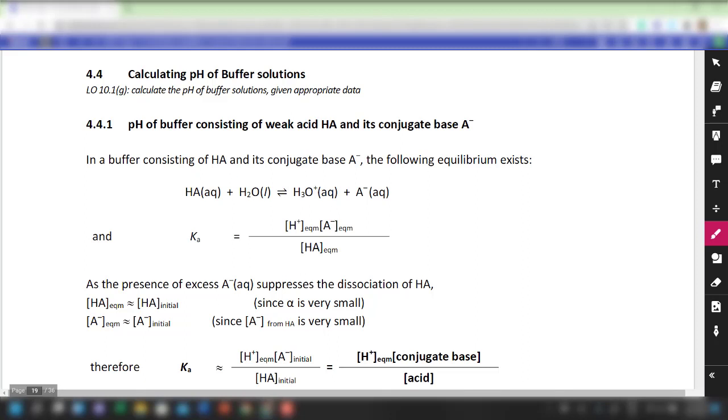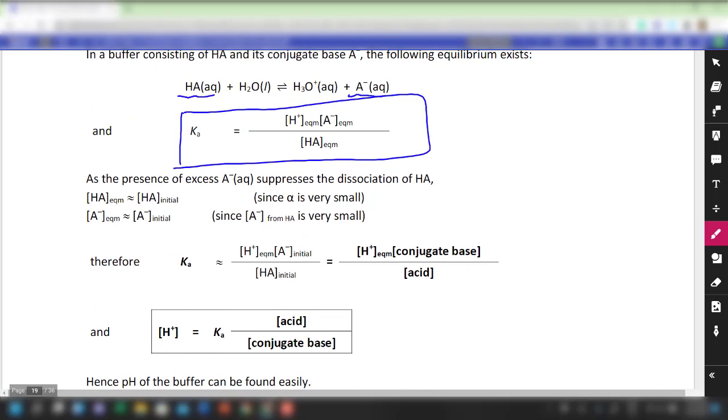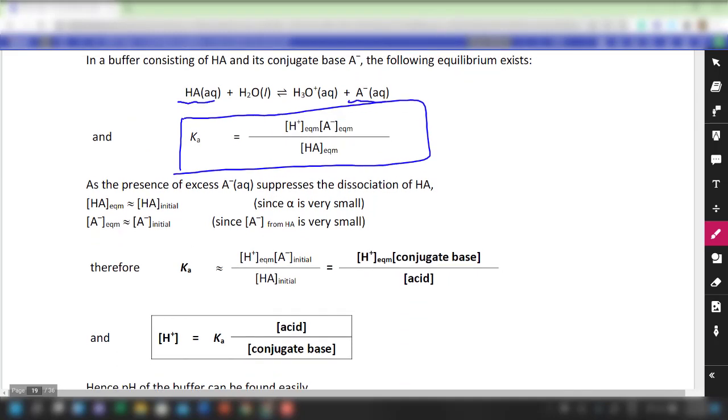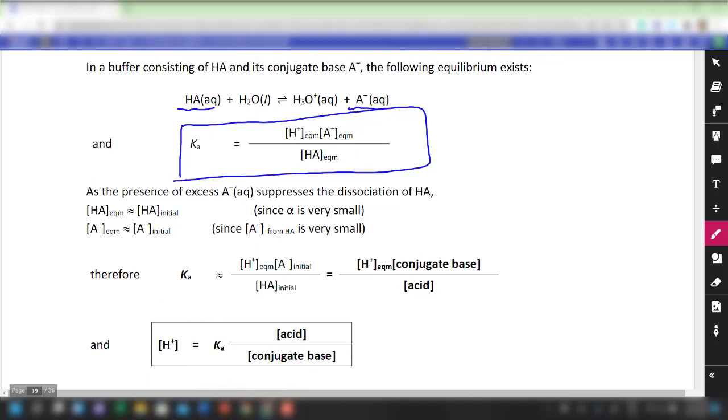I think I have already introduced you to some of the mathematics, so we can discuss this. We have a buffer that consists of a weak acid and the corresponding conjugate base. You have this equilibrium expression. As I mentioned earlier on, because I'm adding the conjugate base in similar amounts to the amount of acid present, I do not expect the weak acid, in this case HA, to ionize substantially.